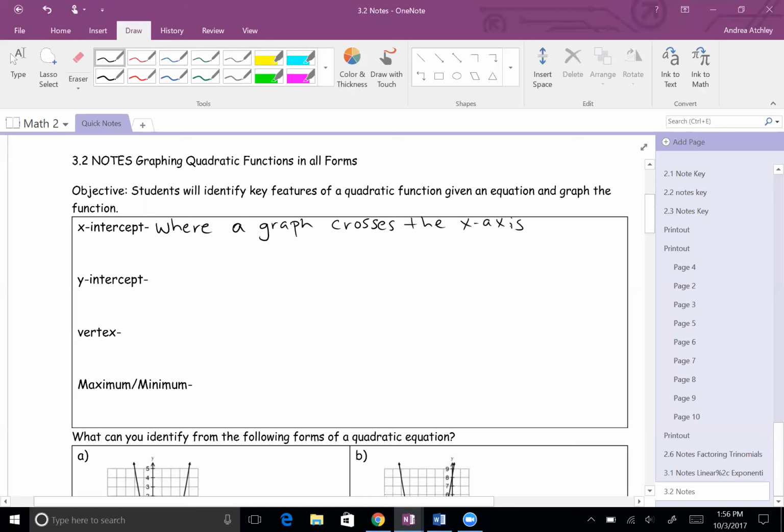Okay, it's where our graph crosses the x-axis. The y value is 0. On the x-axis, the y value is always 0.